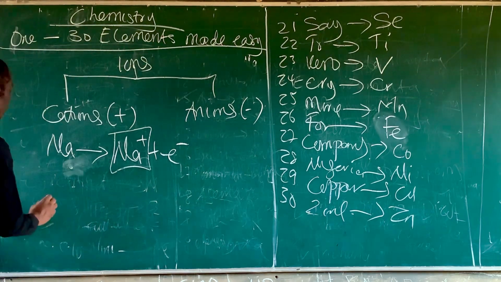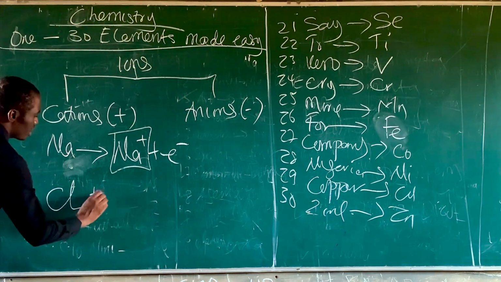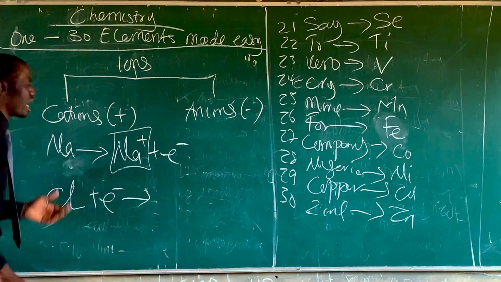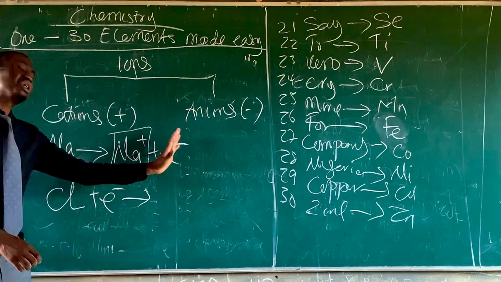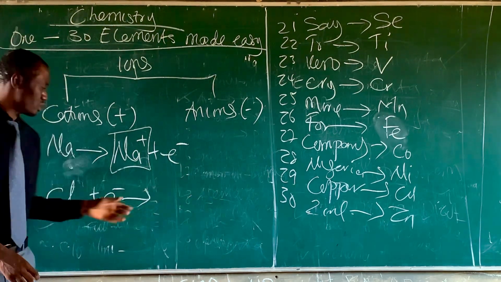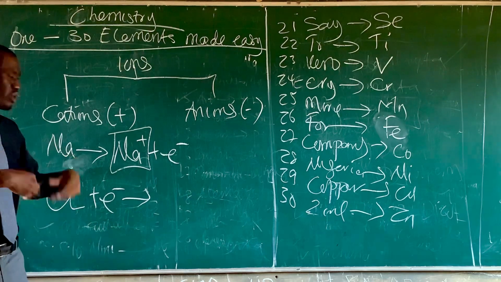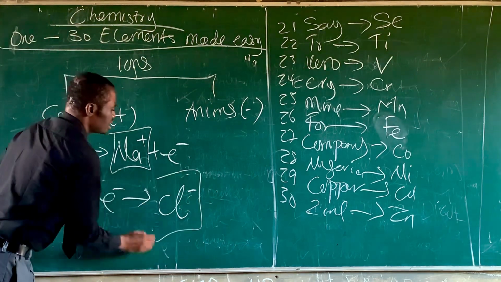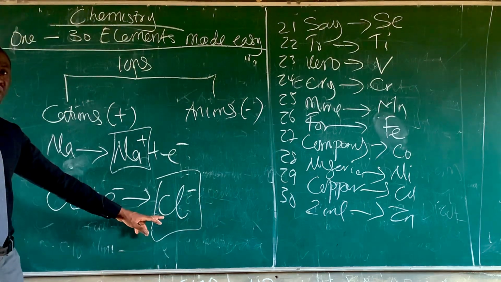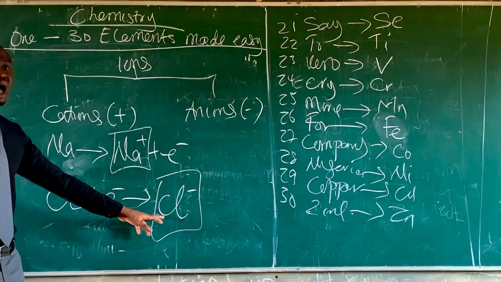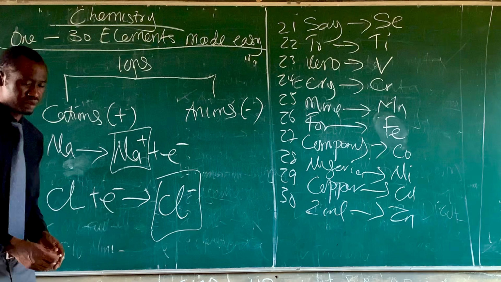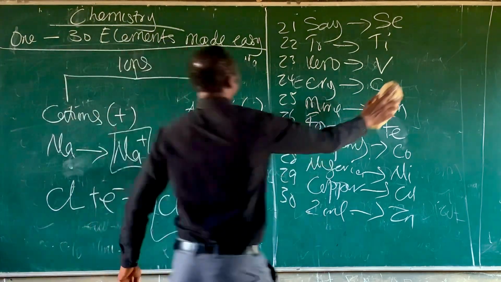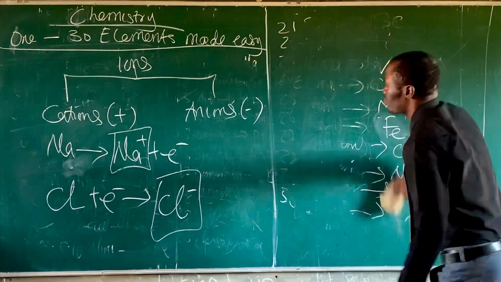Let's take another one, chlorine. Chlorine is neutral, and when it receives an electron, this loses an electron by oxidation. This receives an electron by reduction, and it becomes chlorine negative ion. And this guy is called an anion. It's a chlorine ion, chlorine negative ion. So let's do more.